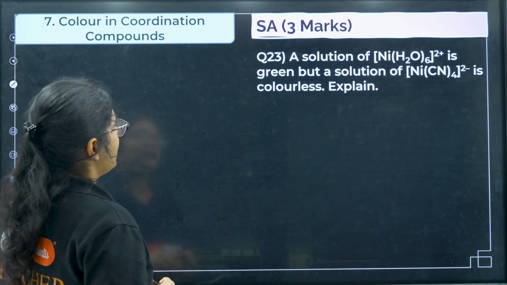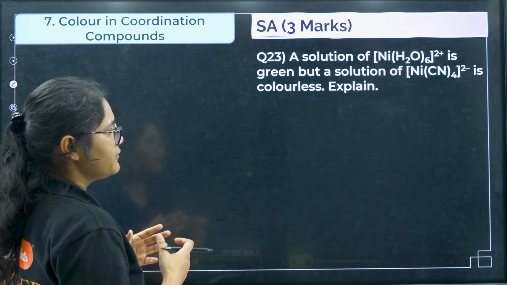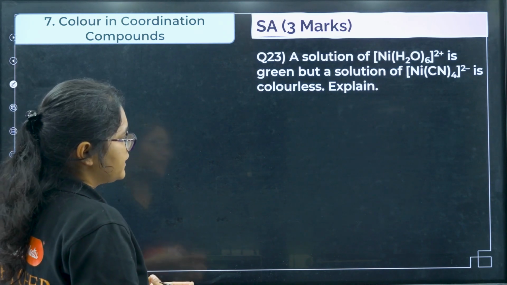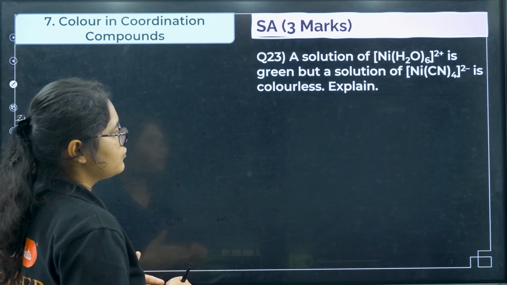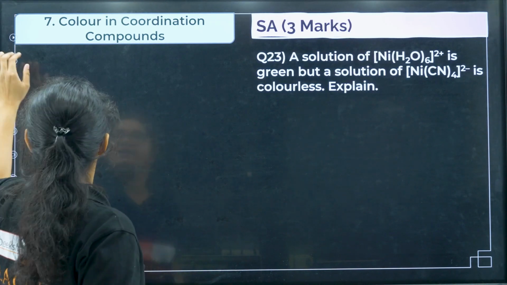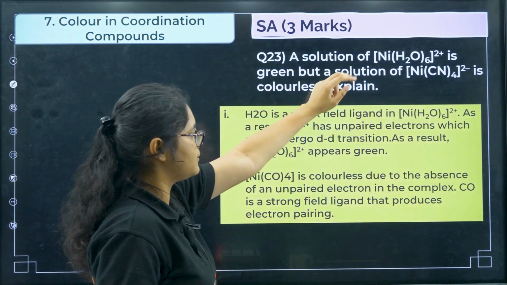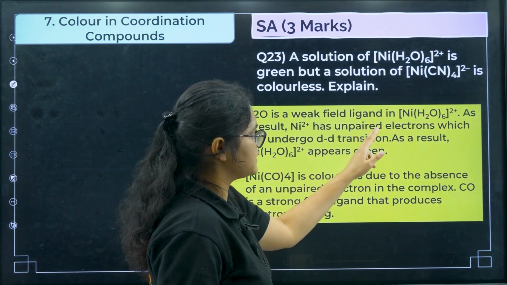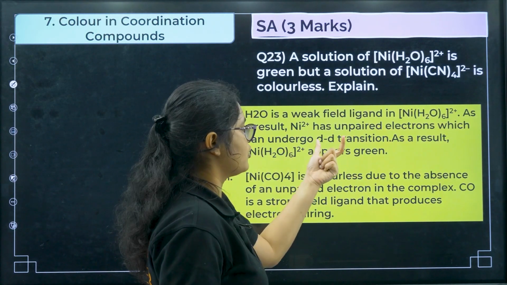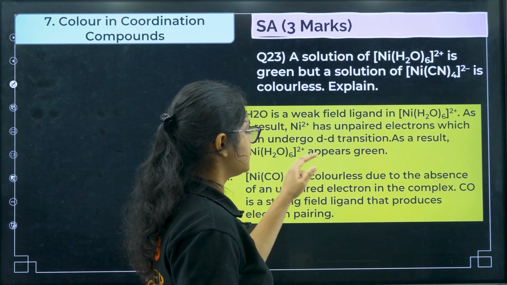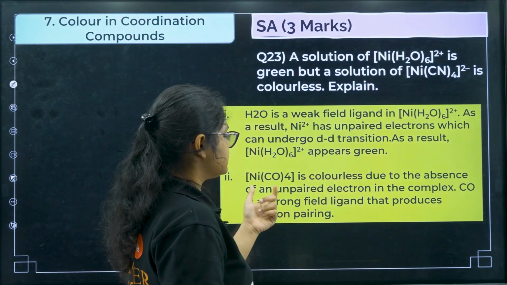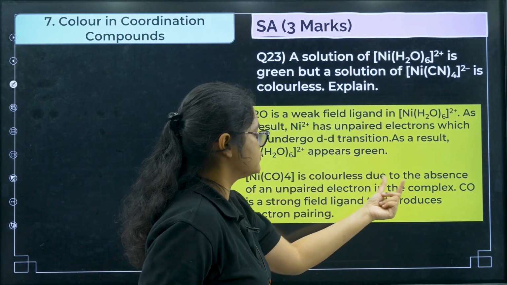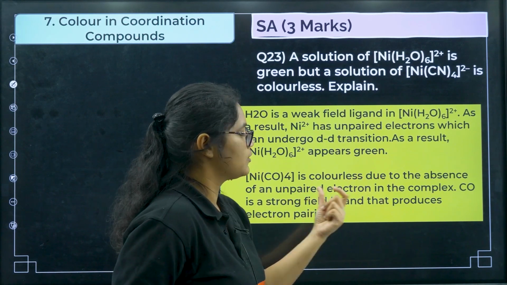Next, the solution of Ni(H2O)6 2+ is green, but the solution of Ni(CN)4 is colorless. Why? Whenever a color question comes, here we have unpaired electrons. H2O is a weak field ligand. As a result, Ni2+ has unpaired electrons which undergo d-d transition, so it appears green. Whereas Ni(CO)4 is colorless due to the absence of unpaired electrons in the complex.